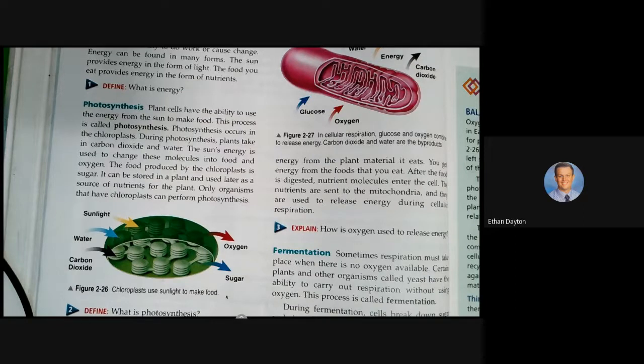We also knew that. Those are reactants. The sun's energy is used to change these molecules into food and oxygen. The food produced by the chloroplast is sugar. It can be stored in a plant and used later as a source of nutrients for the plants. Only organisms that have chloroplasts can perform photosynthesis. There are some organisms, like some bacteria and algae, that can perform photosynthesis as well. But mostly we think of plants.